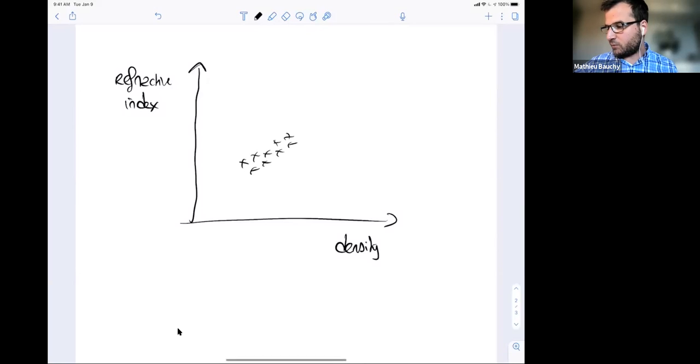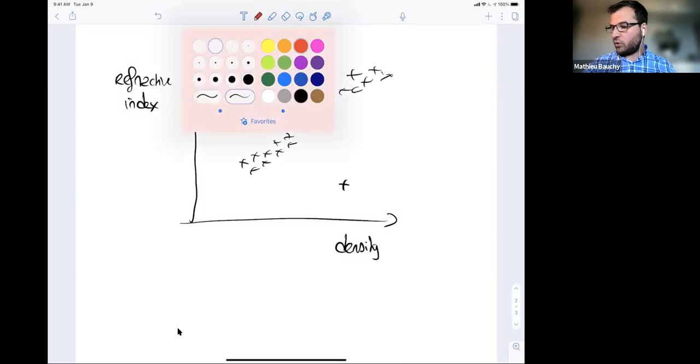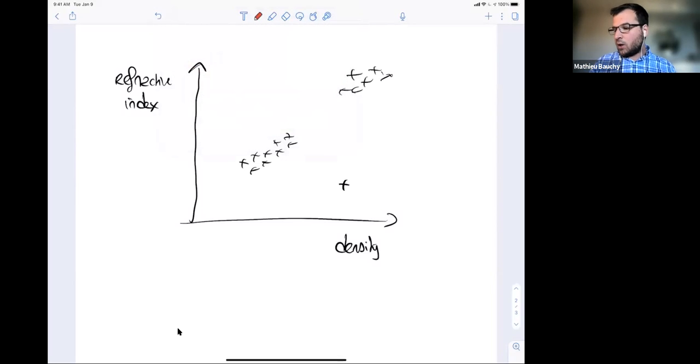You have some glasses like this, some glasses like this, and maybe you have one glass like this. What unsupervised machine learning would do in this case is consider those data points and see how it can group them into groups of glasses that seem to behave similarly.